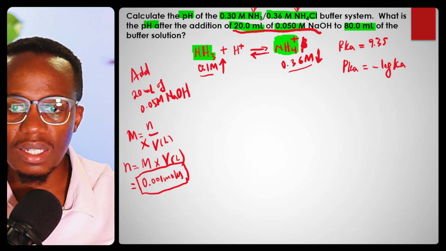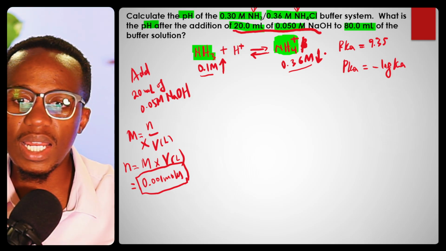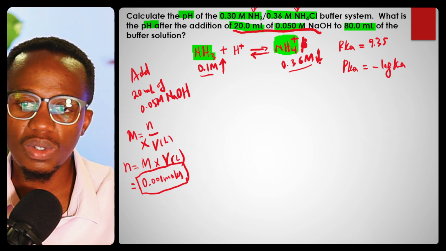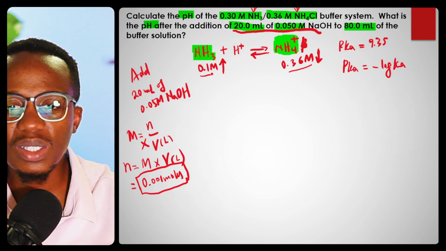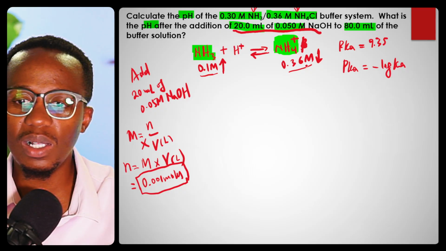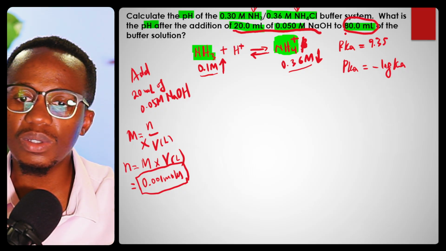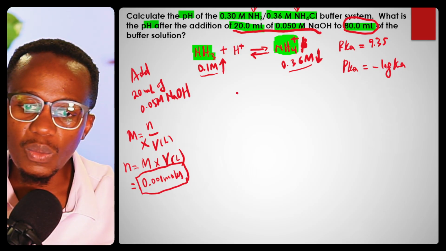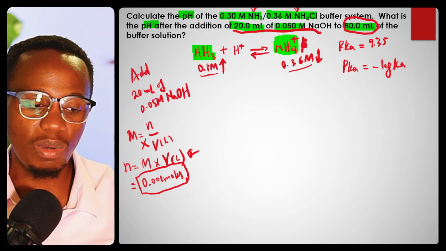So that means that NH3 will increase by 0.001 moles, and then NH4 plus will decrease by 0.36 moles. Well, in order to subtract, we cannot subtract from molarity, right? We have to turn this to moles as well. But guess what? They gave us the milliliters of solution, right? Milliliters of the buffer solution, that's the total volume. So we're going to use the same formula to convert this molarity into moles, right?